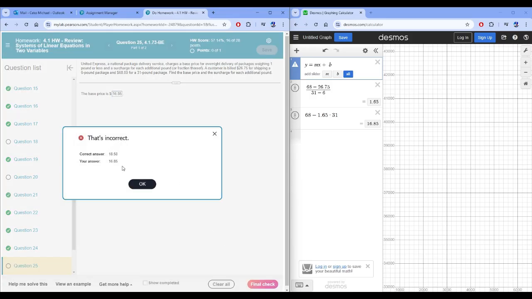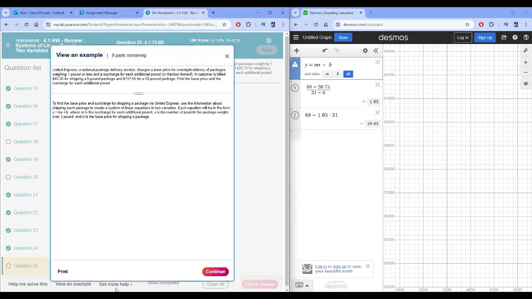Final check. 18.50. How did they get 18.50? 26.75, 26.75. Let's view an example and see where I made a mistake. First, translate it into the equation. Yep, I got that. 43 is equal to 4m because it's 4 pounds.